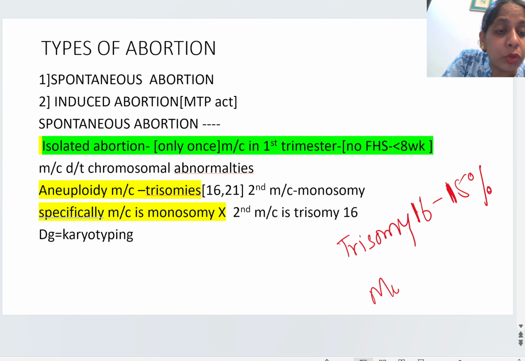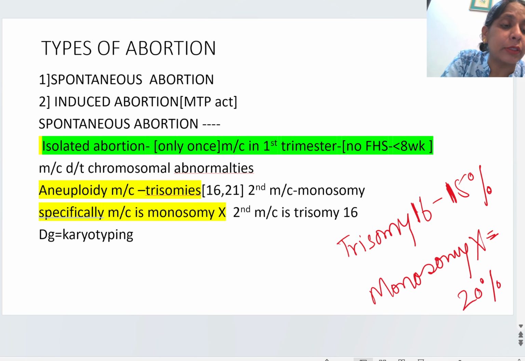And monosomy X or Turner syndrome comprises 20% of all abortions. So if specifically they ask whether trisomy 16 is common or monosomy X, you will say monosomy X is more common.